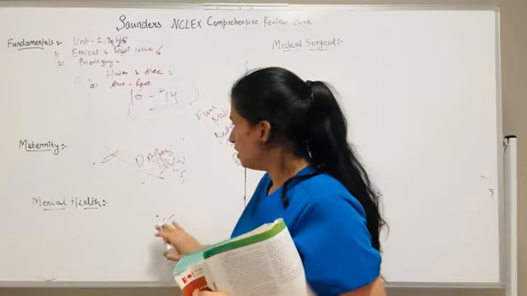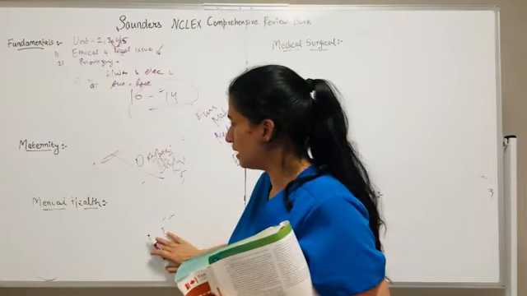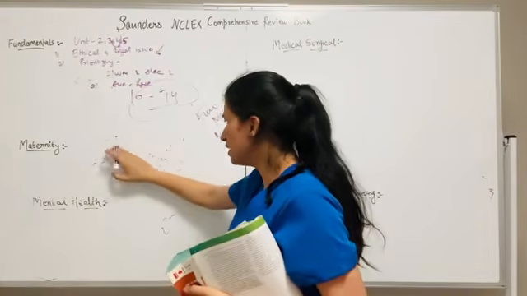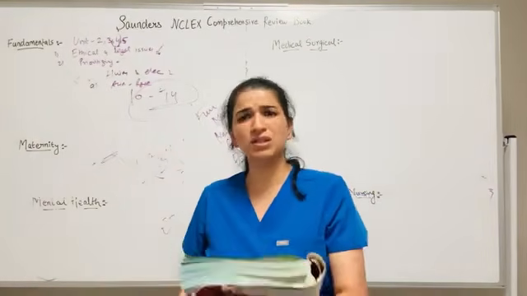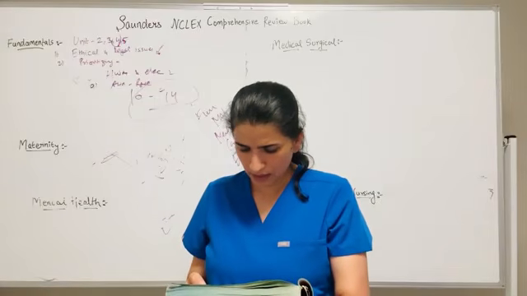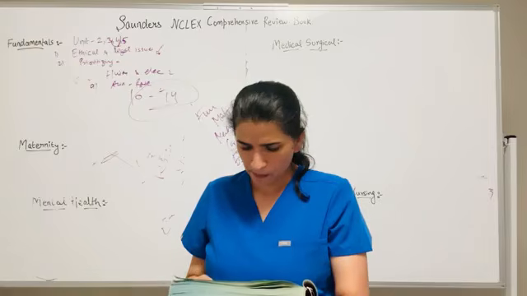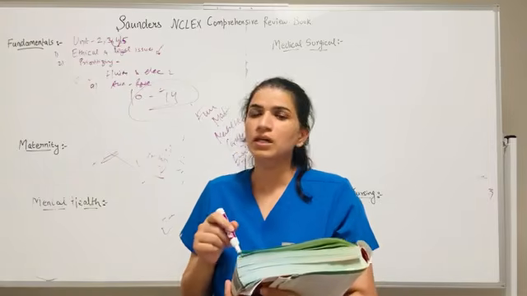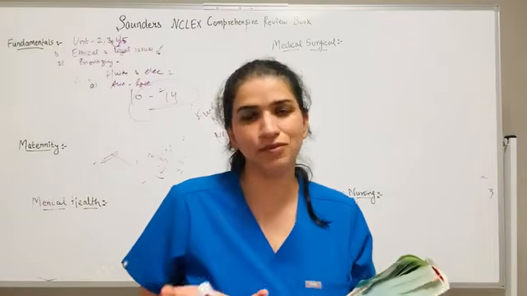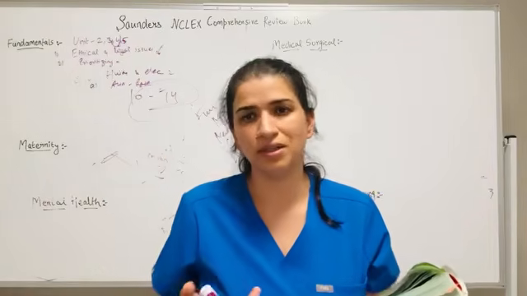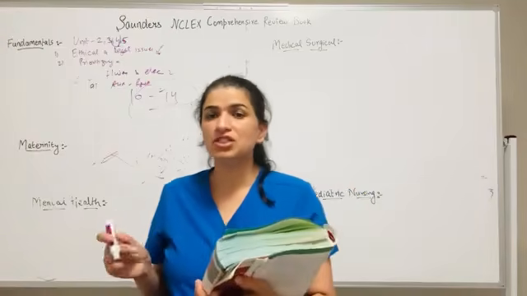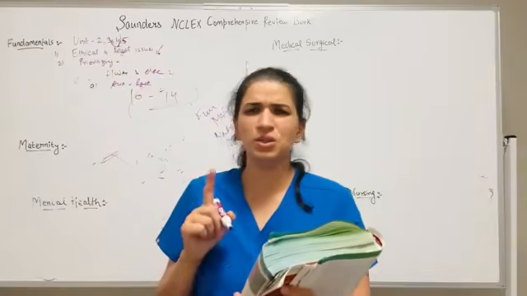Now, before I jump to mental health, I apologize, I forgot to mention one thing in maternity: how to read maternity, because I want to cover that as well. For any condition, for example placenta previa, abruptio placenta, shoulder dystocia, or umbilical cord compression, whatever, whenever you are studying any disease condition, again, don't cram it.